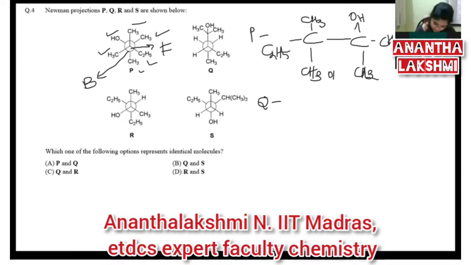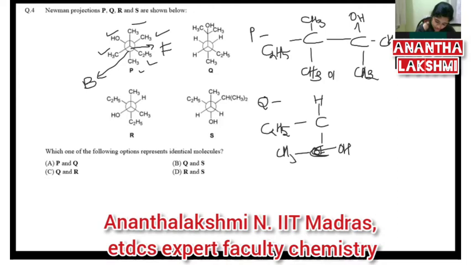Again writing C, front carbon, you have H, you have C2H5, I'll write C2H5 only. This C, OH, CH3.